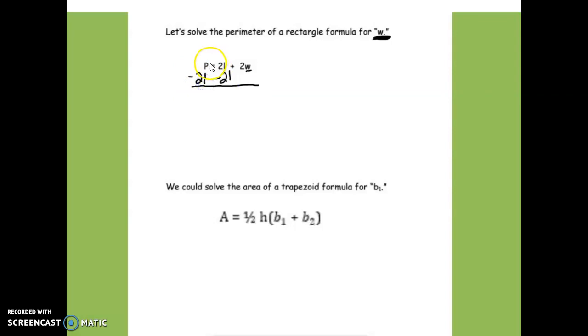Okay, now again, P and 2L are two different things, right? So let's rewrite it. So I'm going to have P minus 2L, right? Now what would I do? Well, I want to get rid of the 2 to get W by itself, so I'm going to divide, right?